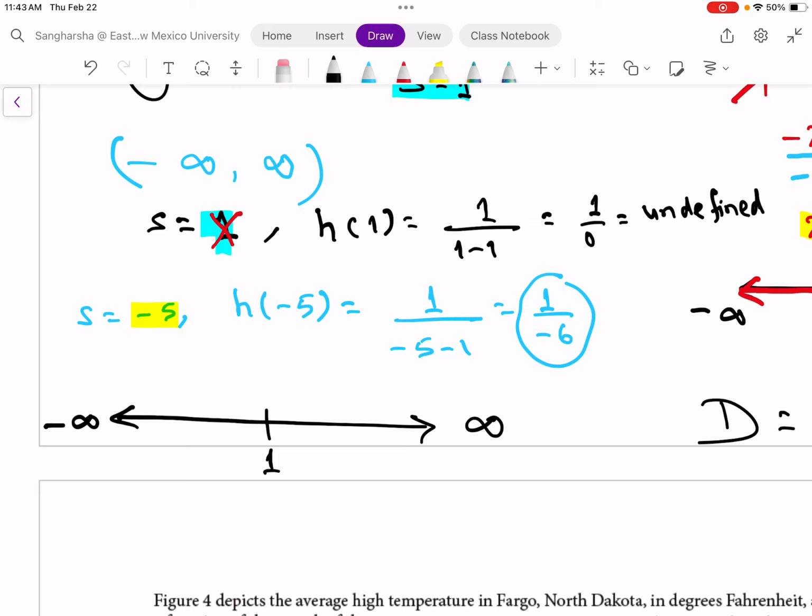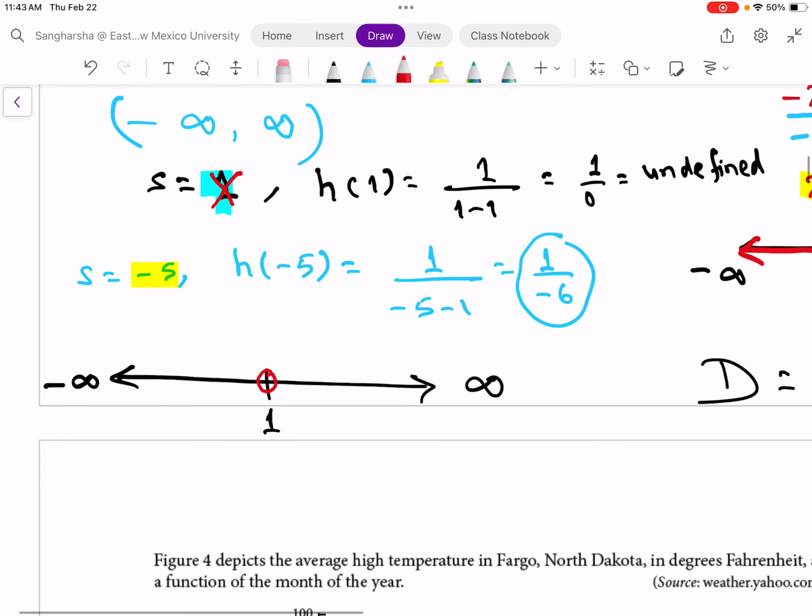It's going to be an open circle. If you are including, you use a closed circle. If you are excluding, you use an open circle. So for this function, we can have any number on the left as our domain and any number on the right as our domain, but we can't have 1.